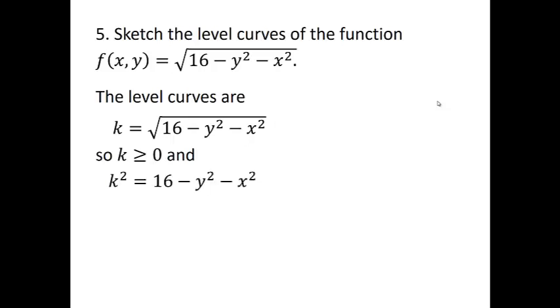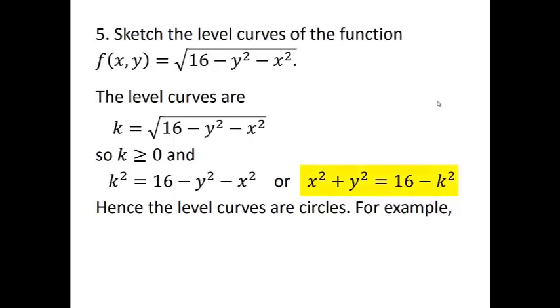And if we square both sides of our equation, we see that k squared is 16 minus y squared minus x squared. Or we can rearrange to write x squared plus y squared equals 16 minus k squared. And when we write it that way, we observe that our level curves are circles. They're circles centered at the origin, in fact.